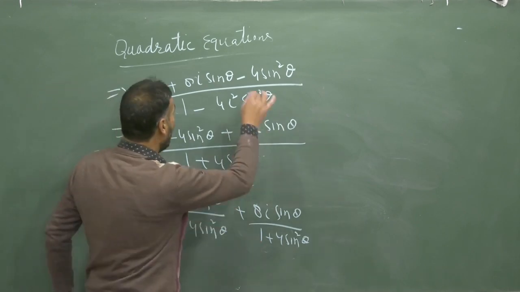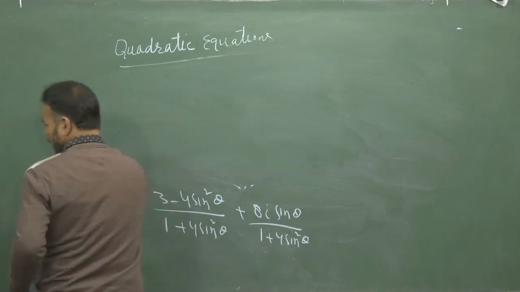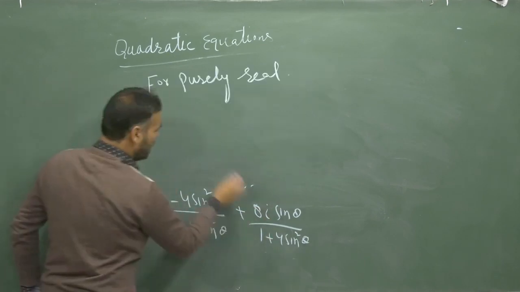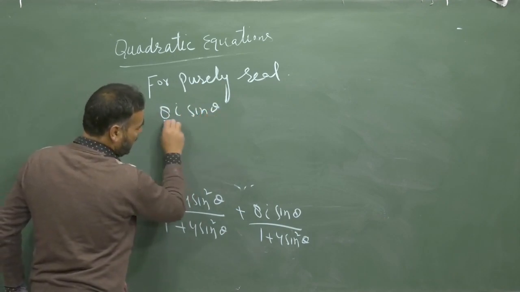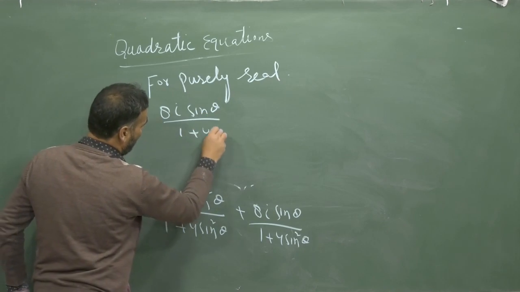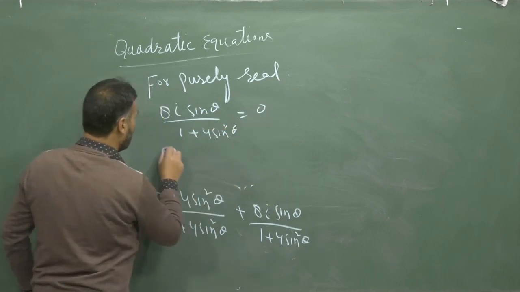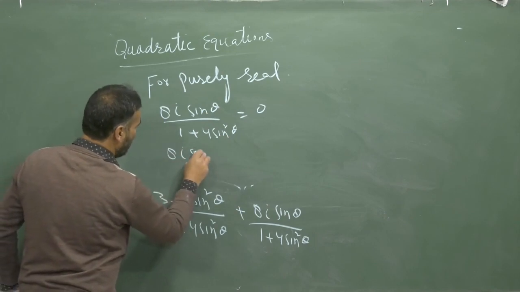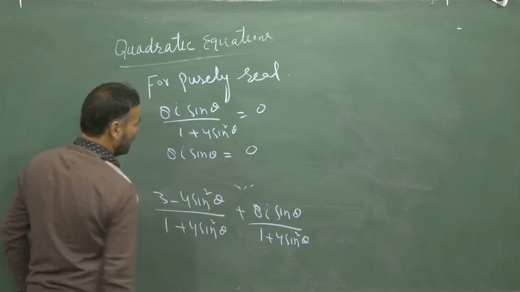So for purely real, it should be equal to 0. For purely real, this part, 8i sin theta divided by 1 plus 4 sin square theta, should be equal to 0.